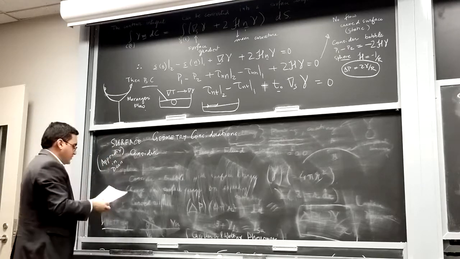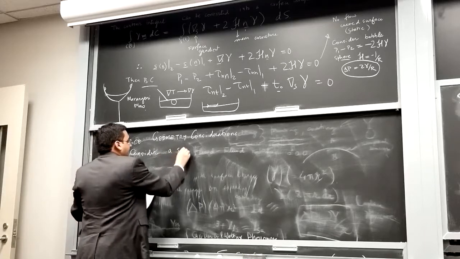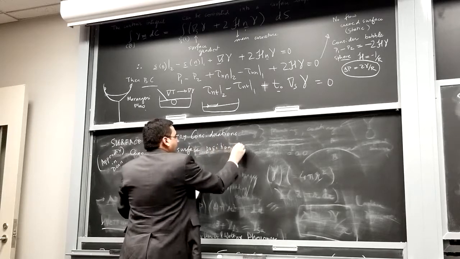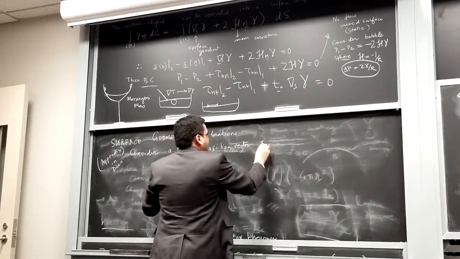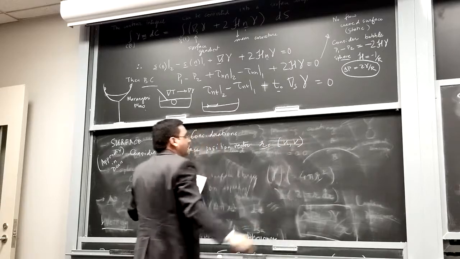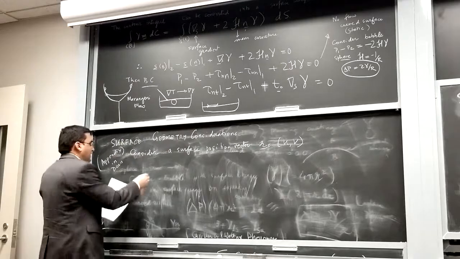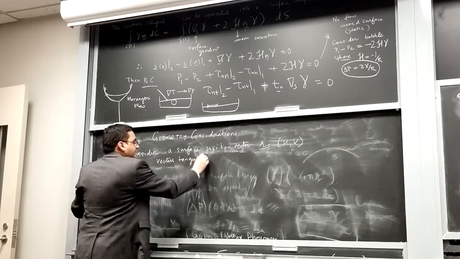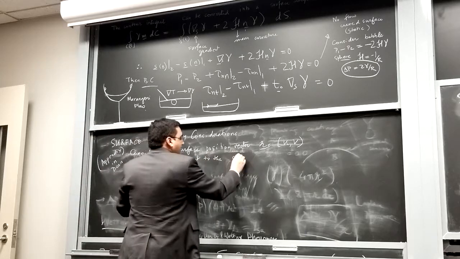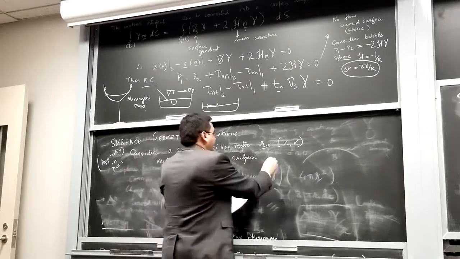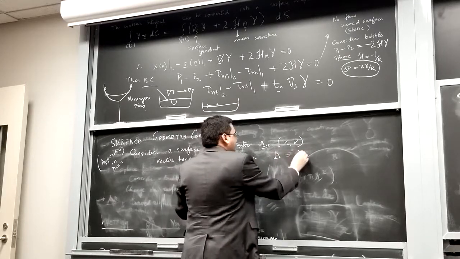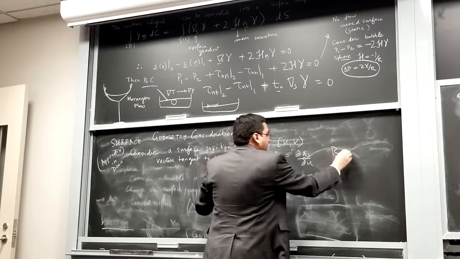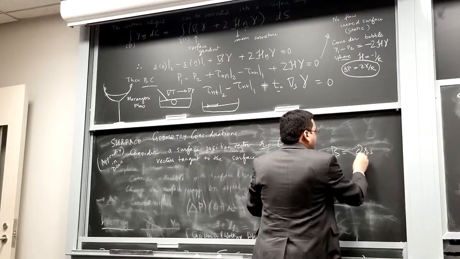So if you consider a surface position vector, Rs, that depends on u and v, then vectors tangent to the surface can be defined as a, which is dRs over du, and b, which is the derivative of Rs with respect to v.